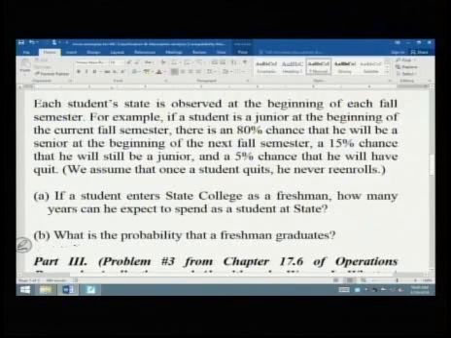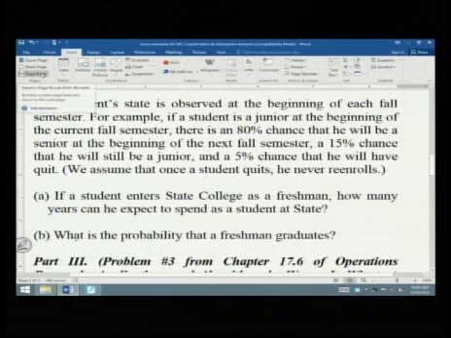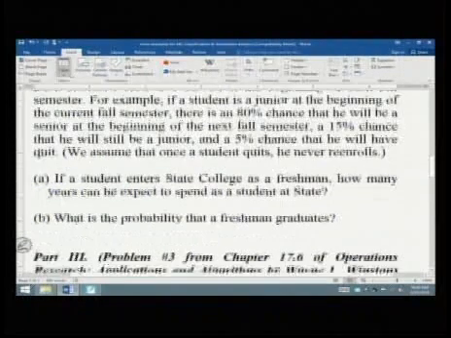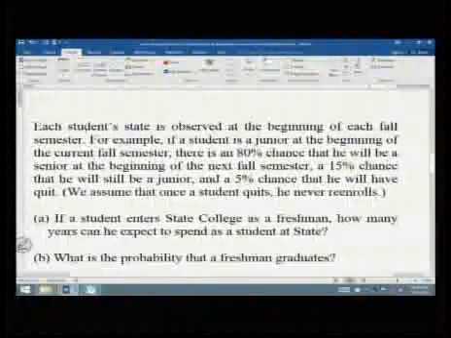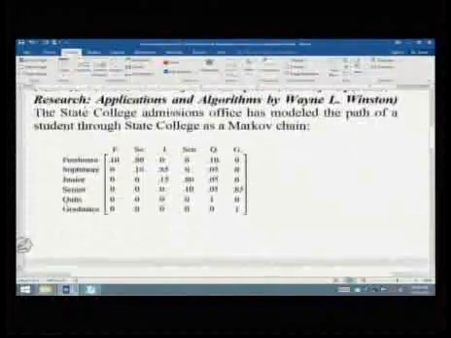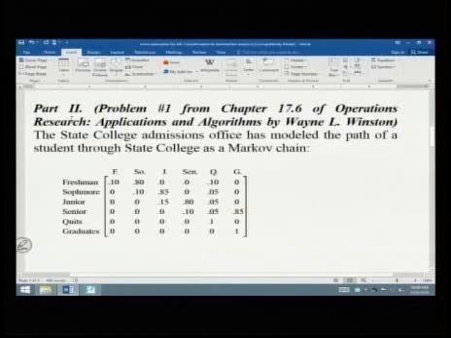So please try to do this. Okay, I'm going to hand out other problem sets to you.